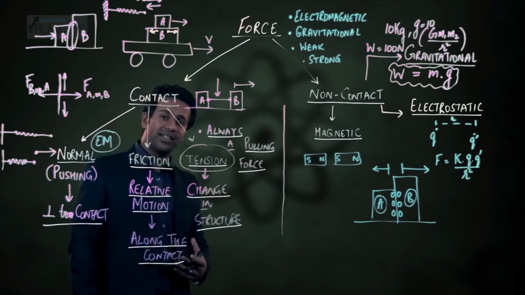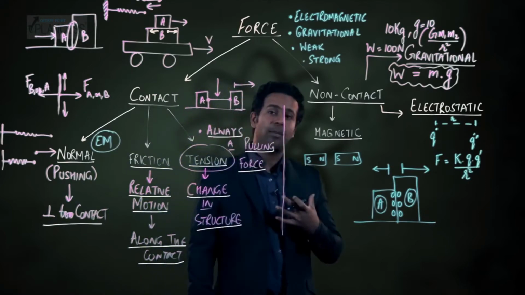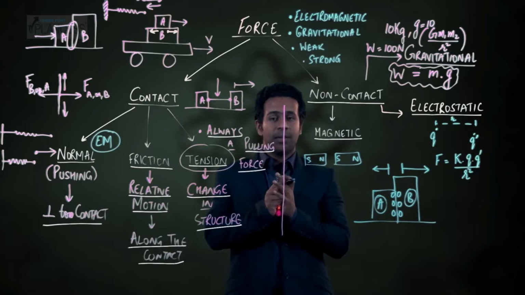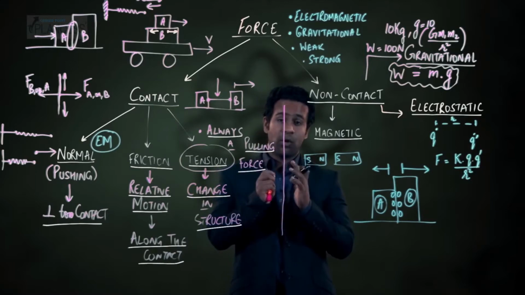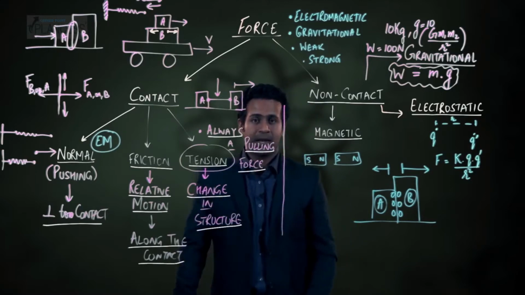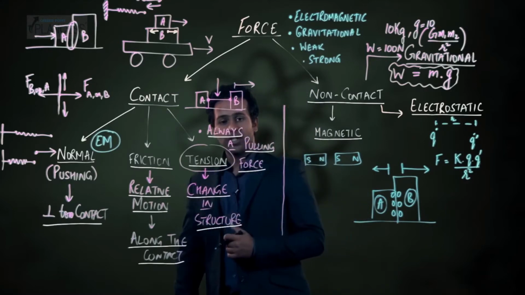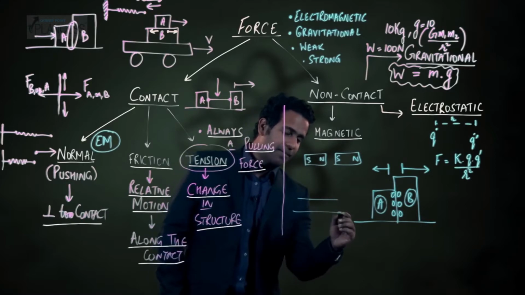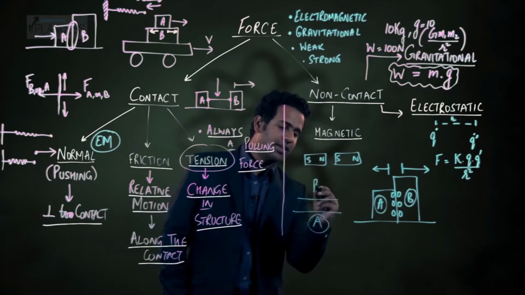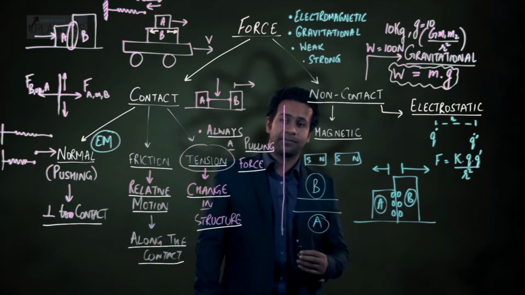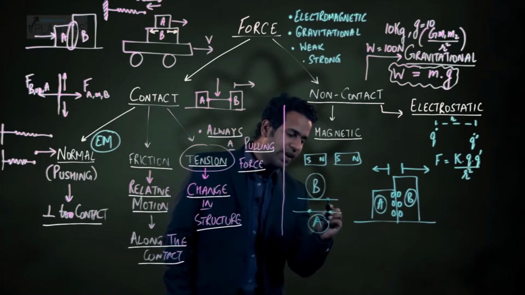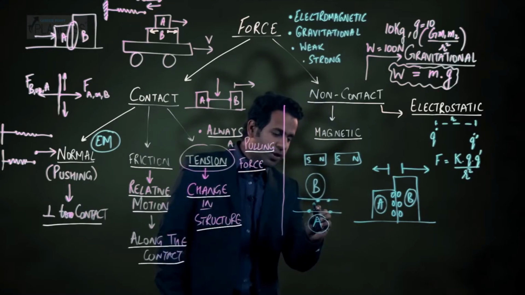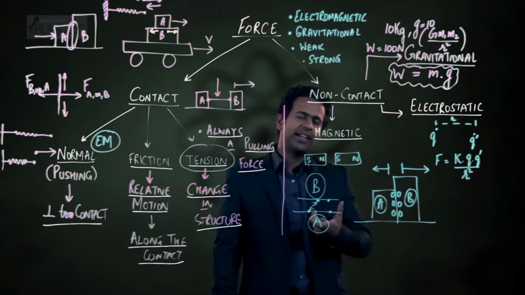So normal reaction is actually an electromagnetic force because it gets exerted due to repulsion between atoms when they are pushed too close to each other. Right. The second force is friction. Once again, why does one body exert friction on another body? Now, when they are very close to each other, there is some interaction between them, which causes a kind of attraction.